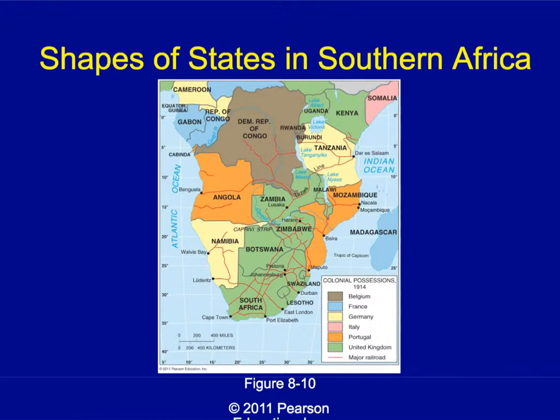Swaziland looks like it's doing it, but it really isn't, because part of the border of Swaziland is also shared with Mozambique. So that doesn't make the perforation. The country that actually causes a perforation in South Africa is the country of Lesotho. You need to know this. This is extremely important to know: Lesotho is the country that makes a perforation in South Africa.